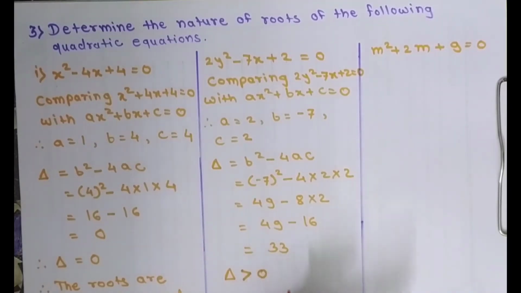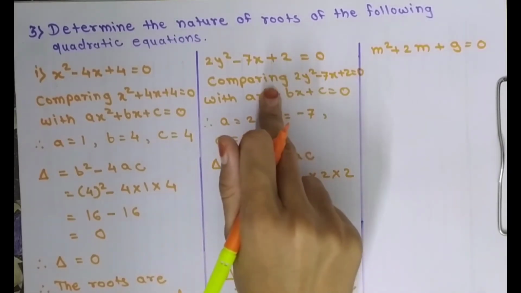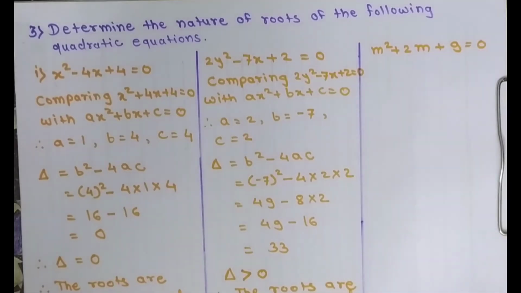Therefore, delta is greater than 0. Therefore, the roots are real and unequal. So, the nature of this quadratic equation is real and unequal.